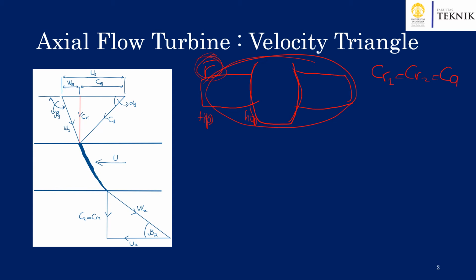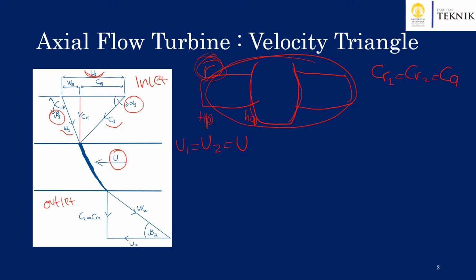And by looking at the velocity triangle, we divide it into the inlet and outlet area of the blade or of the runner, and we can see that the blade velocity, or U, is constant, so U1 and U2 are equal to U. And at the inlet we have the absolute angle between C1 and U1, and the blade angle is between the relative velocity and the blade speed U1.